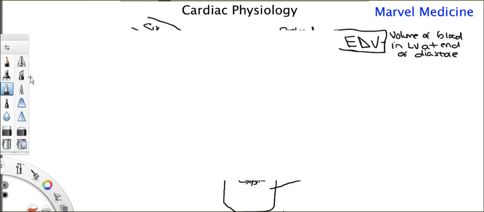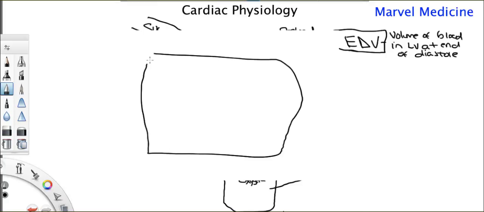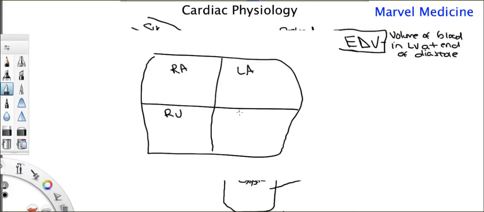Now, I'm going to redraw this just to give you guys a better idea, okay? Alright, now let's redraw this. I'm going to draw it more of like a box, okay? Now, we talked about the end-diastolic volume, the amount of blood that's here, right? So let's talk about now the end-systolic volume. What's that? It's the amount of blood left in the ventricle after the heart is contracted, okay?